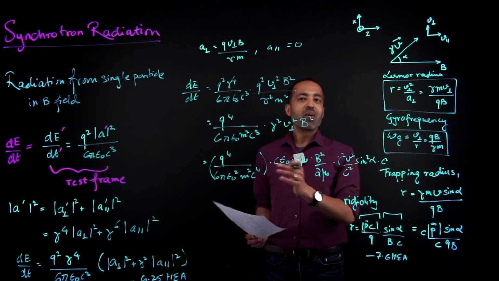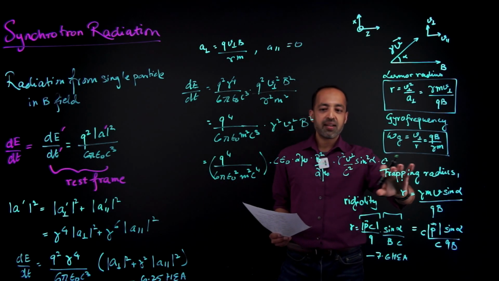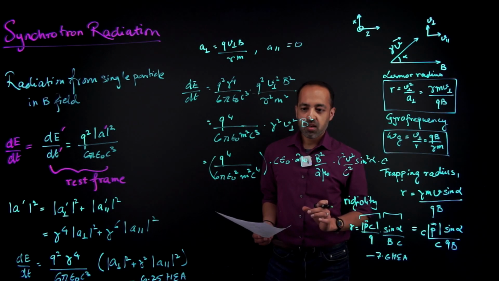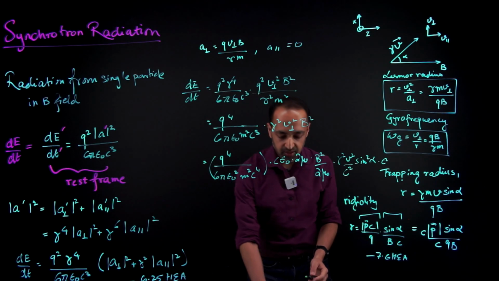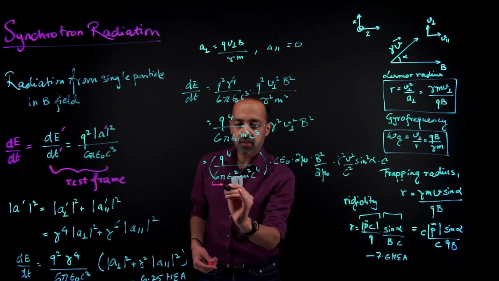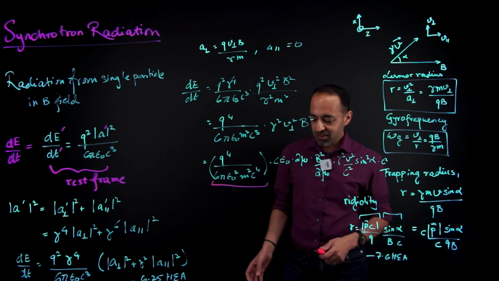Okay, so why did I do all of this? Well, have a look at this and see if this makes sense to you. Do you notice any interesting terms in this product? So the first question I will ask, and take a moment to think about this, is what is that term? And you may recognize this.